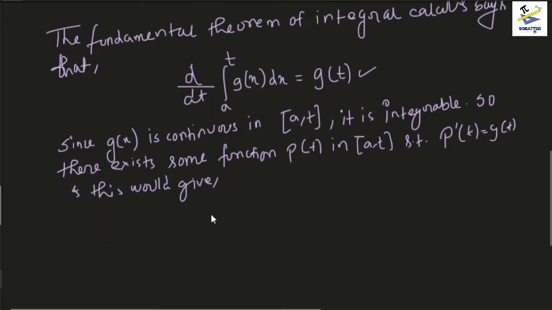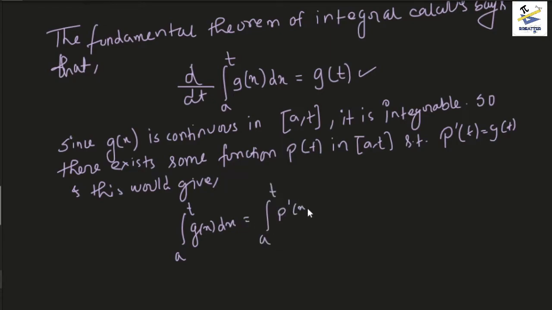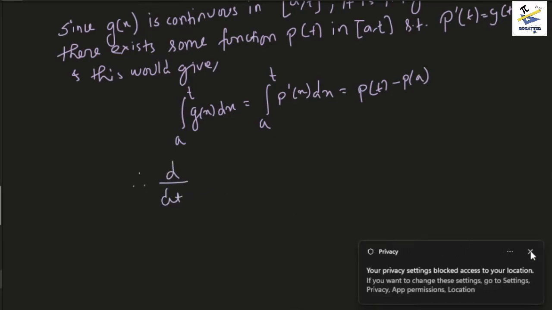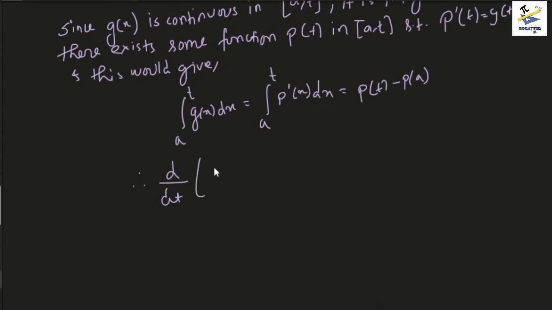And this would actually give that, since there exists some function, we can write that the integral from a to t of g(x) dx is simply equal to the integral from a to t of p dash x dx, and this would give you p of t minus p of a. And now differentiating both sides with respect to t, we have the derivative of the integral from a to t of g(x) dx is p prime t, right? So this is the whole thing we wanted to prove.